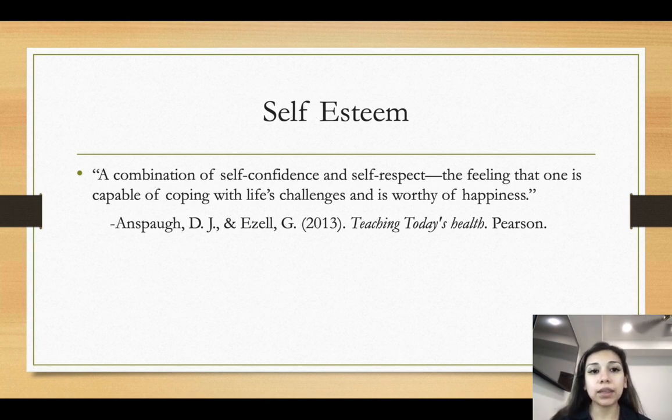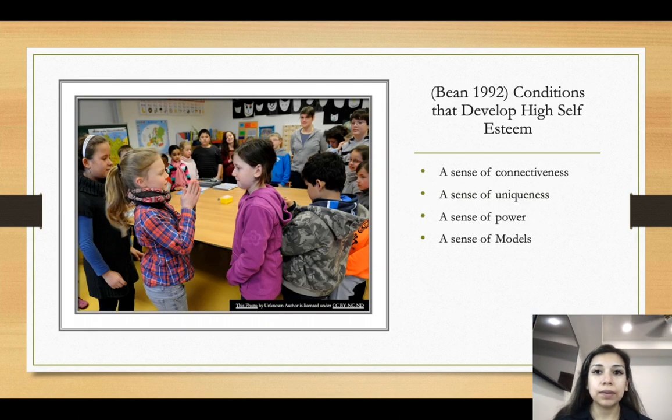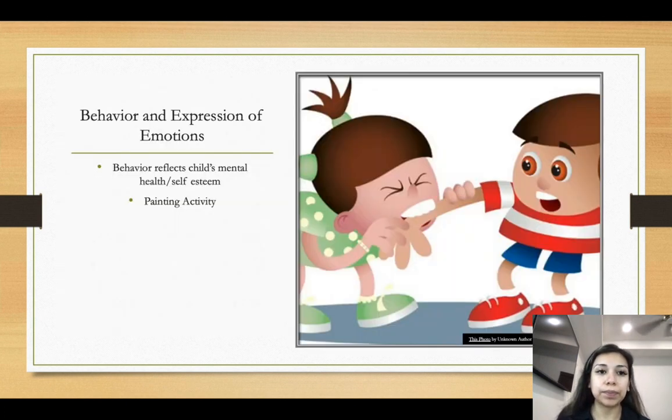It is the feeling that one is capable of coping with life's challenges and is worthy of happiness. Conditions that may develop high self-esteem are connectedness, uniqueness, power, and models that are applied within the classroom.